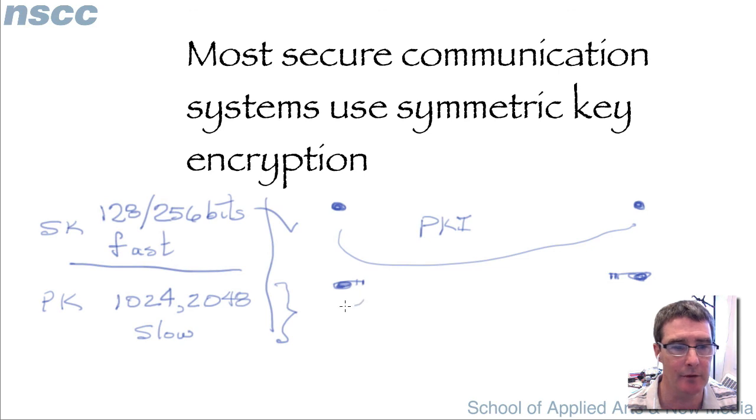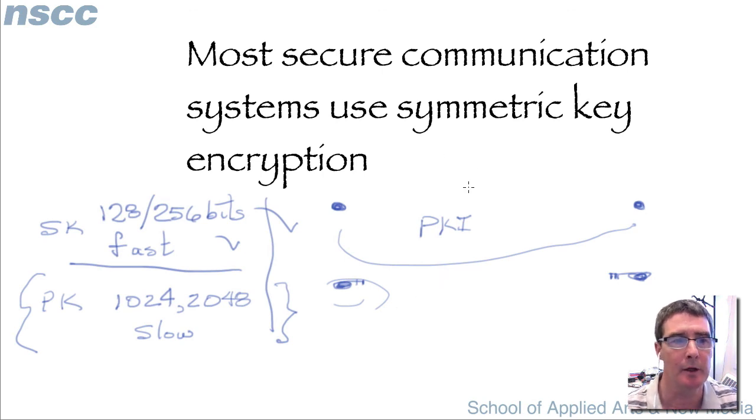So now we've got the same key, and that was a pretty small amount of data that we had to send back and forth. And so even though this is slow, we can use this system to do that. Once we both have the same key, we can use symmetric key encryption to then encode all our future communications and send them back and forth very quickly and very efficiently.